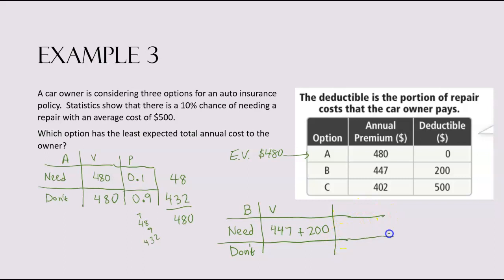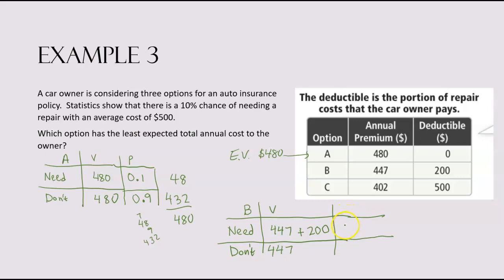The cost of it would be $500, but I only have to pay $200 because that's my deductible. If I don't need a repair, then I'm still going to have to pay the premium, $447, but I'm not going to pay any deductible because I didn't need a repair.